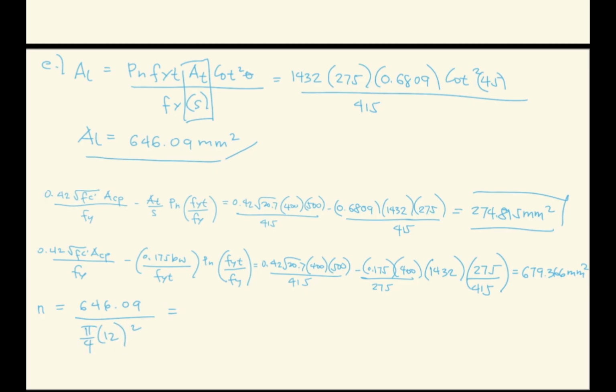This is something like 5.713, say 6 pieces. Okay, this will be the number of longitudinal reinforcement if the longitudinal reinforcement is of diameter 12 mm.